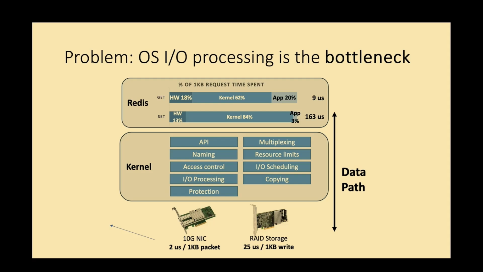Here at the bottom, I gave you some raw performance of these I/O devices. On the left is the network interface card. Back then it was a 10 gigabit network interface card. If you do the back of the envelope calculation, for a 10 gigabit network interface card, in theory you can get a 1 kilobyte packet every 2 microseconds. If you look at the overall processing time running Redis, each GET request is taking 9 microseconds.